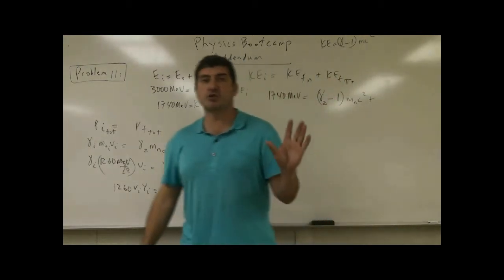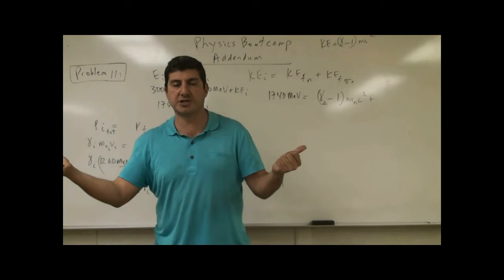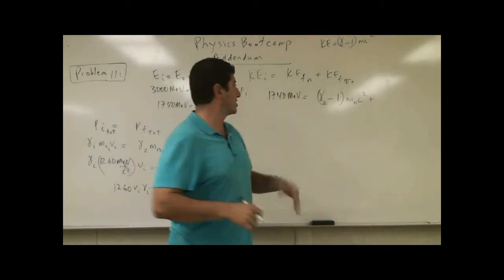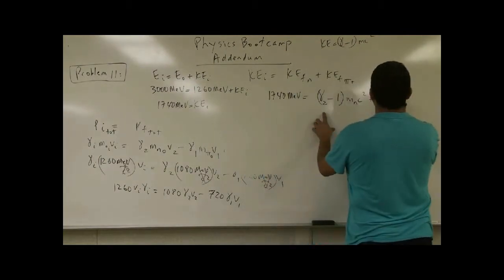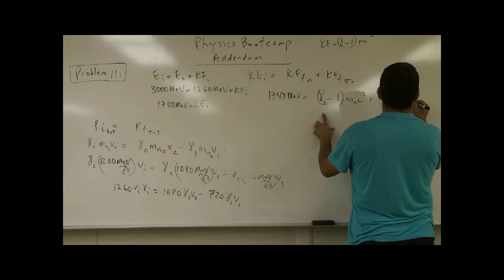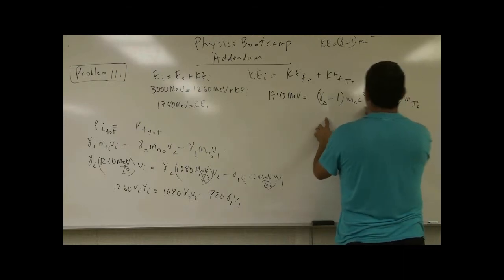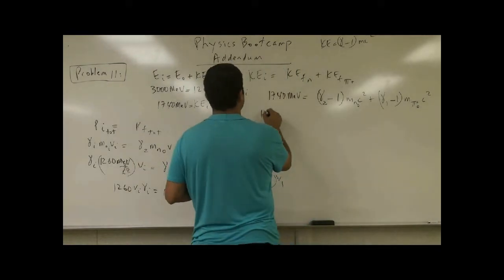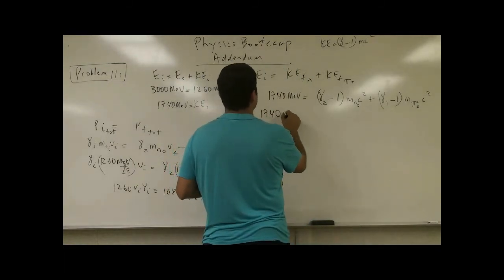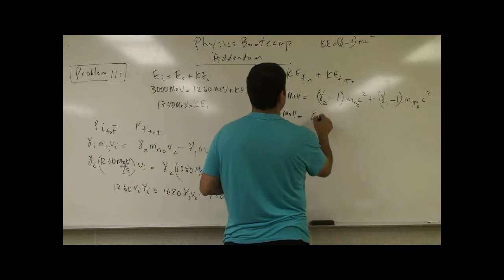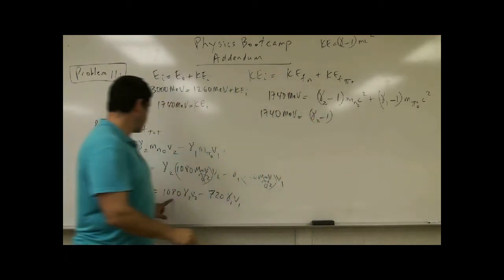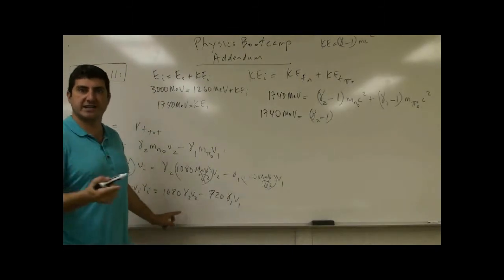For kinetic energy, you're always adding it; it doesn't matter that one goes one direction and the other goes the other direction, you have to add the kinetic energies. Plus gamma 1 minus 1, the rest mass of the pion, c squared. So 1740 mega electron volts equals gamma 2 minus 1, which we don't know, times the mass of the neutron, 1080 mega electron volts divided by c squared.